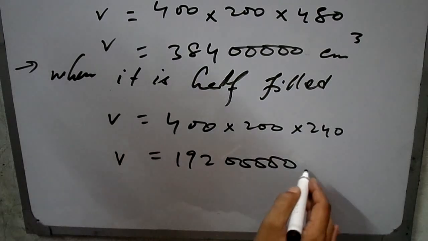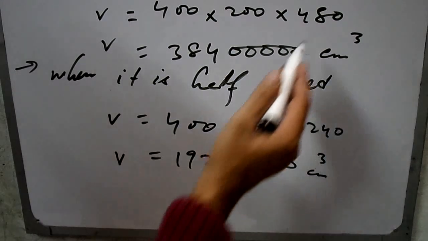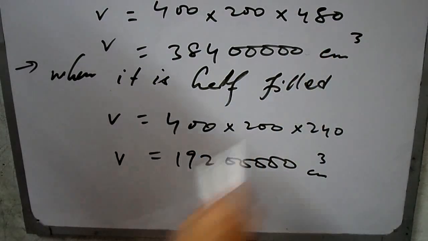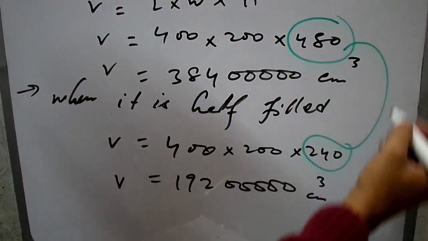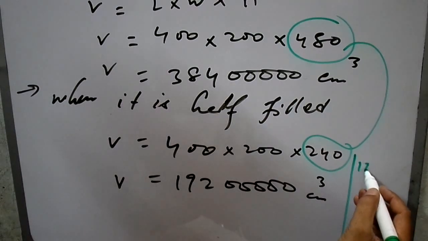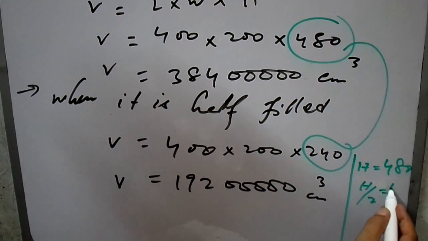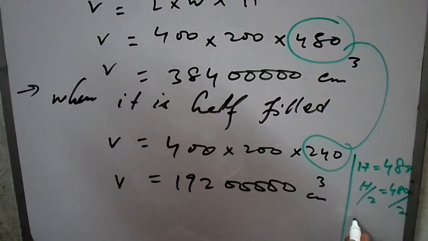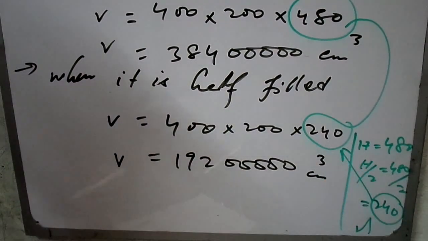Because I used here 240 instead of 480: for half filled, the height is 480 divided by 2, so you will get 240. So that's why I used this value.